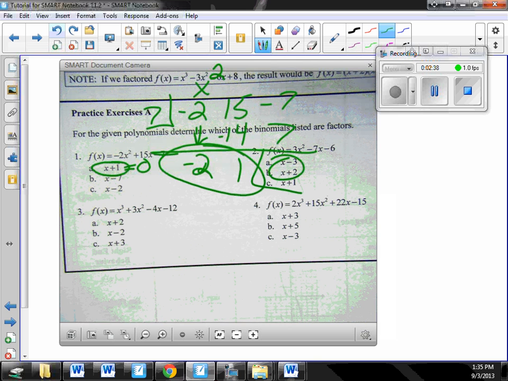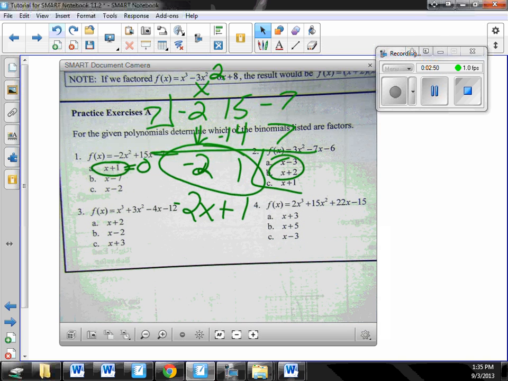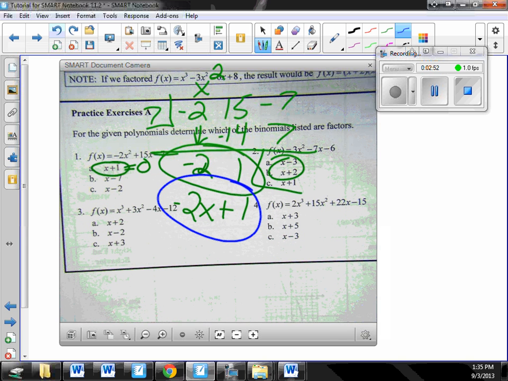Well, I started with an x to the second, so I'm going to end with an x to the first. So I have -2x plus 1. Well, does this factor match that factor? No, so it's not a factor. Now, I can only do that because I dropped from an x squared down to an x.